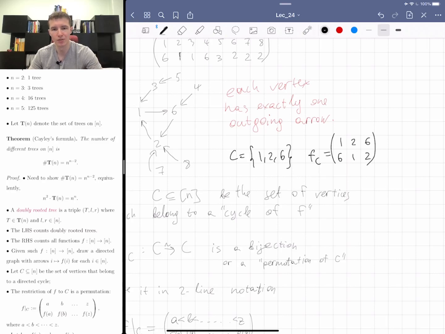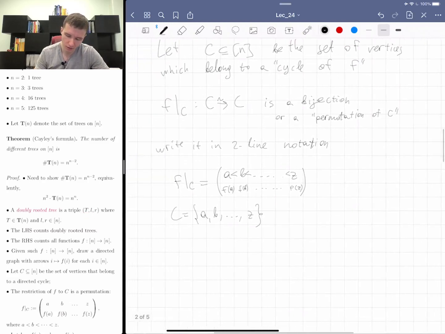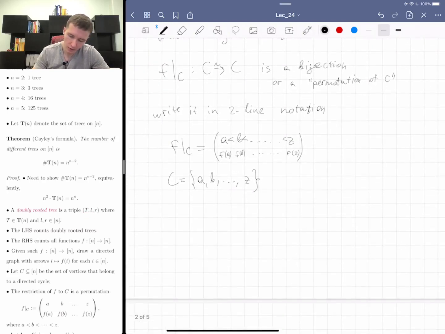And now I'm going to use it to construct, I want to arrive at a doubly rooted tree. So I want to explain what is T, what is L, and what is R. And okay, let's try to explain that.